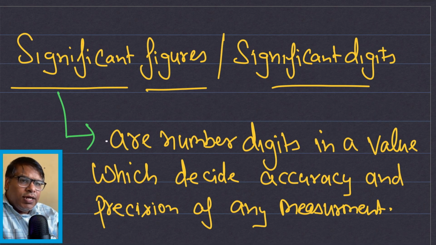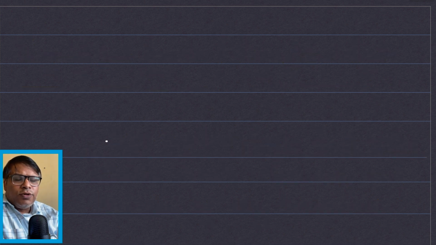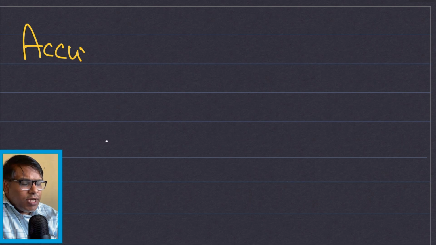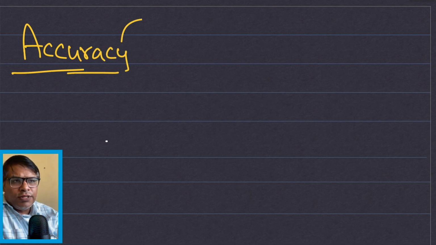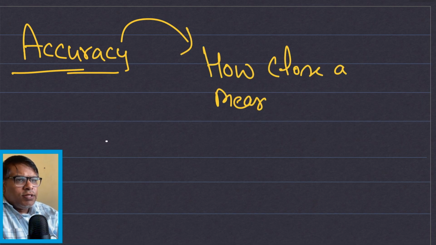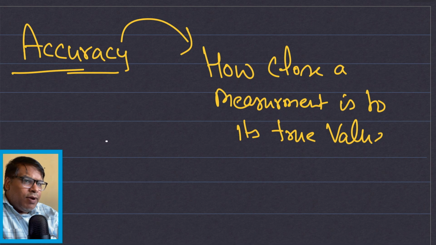Now, what is accuracy? Hopefully you know the meaning of accuracy. Accuracy means how close a measurement is to its true value. How close a measurement is to its true value.